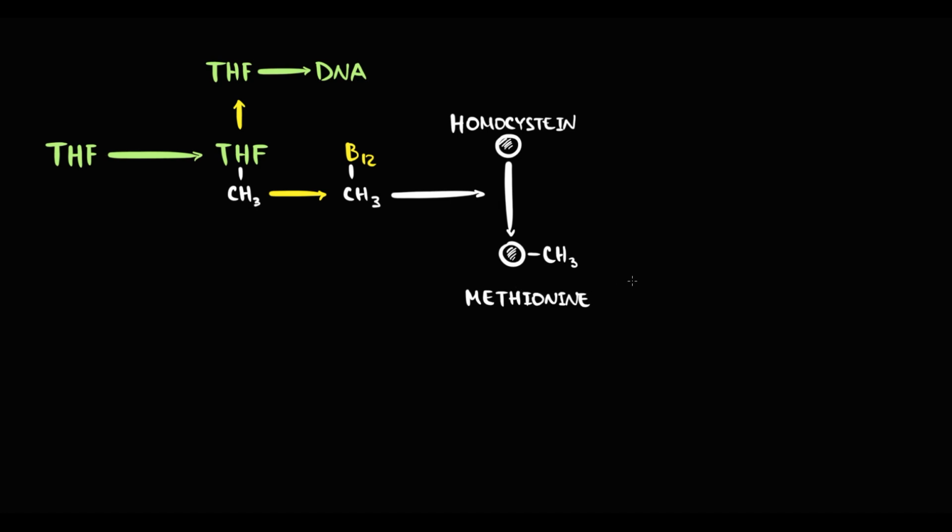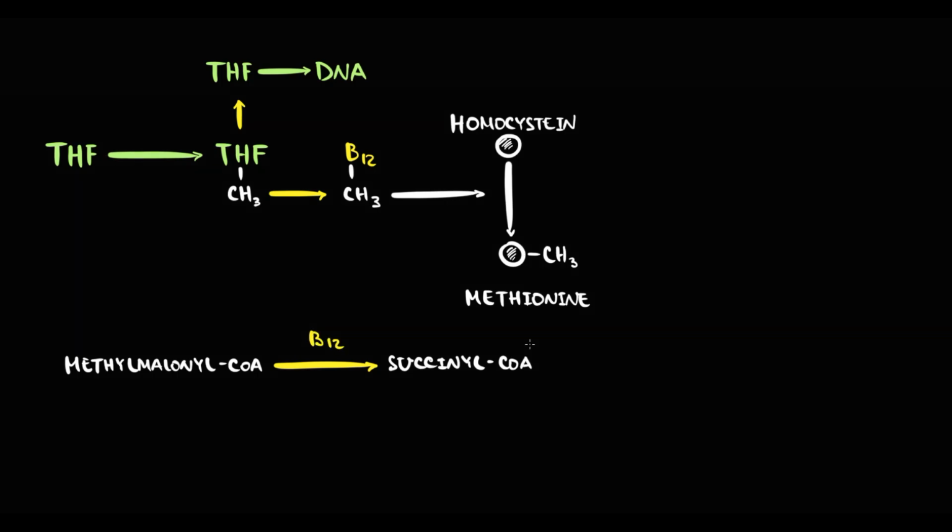So we need both folate and vitamin B12 for production of the DNA molecule, which is essential for mitosis of red blood cells. But unlike folate, we use vitamin B12 in the second reaction, the conversion of methylmalonyl CoA to succinyl CoA. It's one of the most crucial reactions in the breakdown of odd-chain fatty acids.